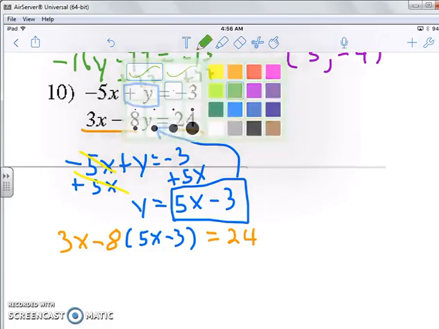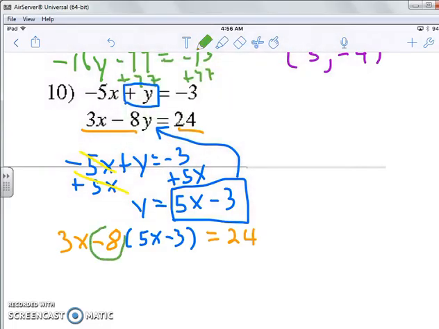Now I'm going to distribute, but when I distribute, remember I'm distributing a negative 8. So 3x, negative 8 times 5 is negative 40x. Negative 8 times negative 3 is positive 24, equals 24.